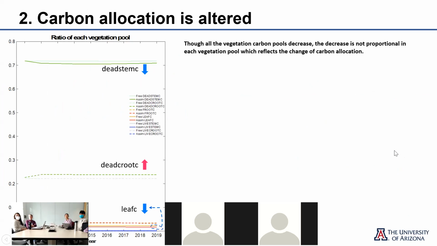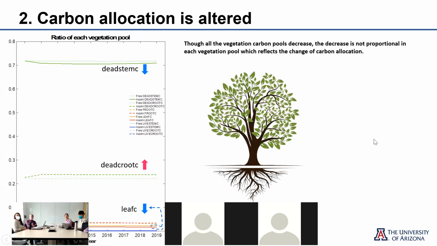The second result we found is that the carbon allocation is altered. Though the absolute values of the vegetation carbon pools decrease, that decrease is not proportional. What the left figure tells us is that in the free run, where we don't have any observation constraint, the vegetation in this region has more leaves, more stem, and more root.